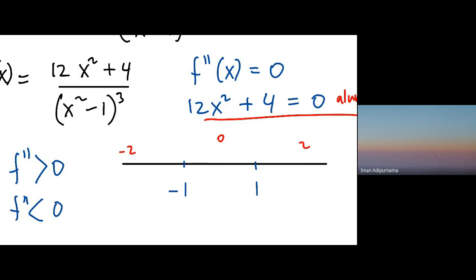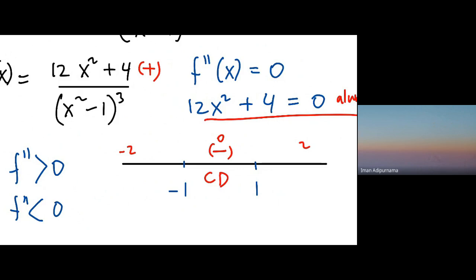It's positive, so I will write here, this will be positive. So we check 0 here. 0 minus 1, cubed, is negative, right? Negative means this will be concave downwards. And then check negative 2. Minus 2 squared is positive, minus 1, cubed, positive.